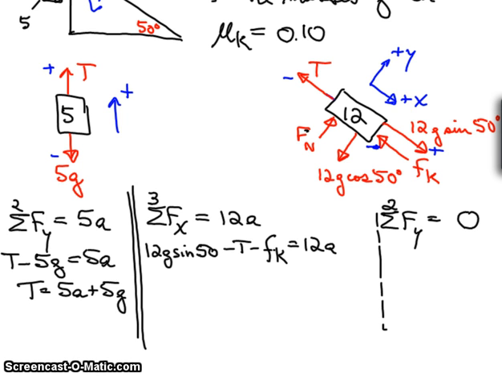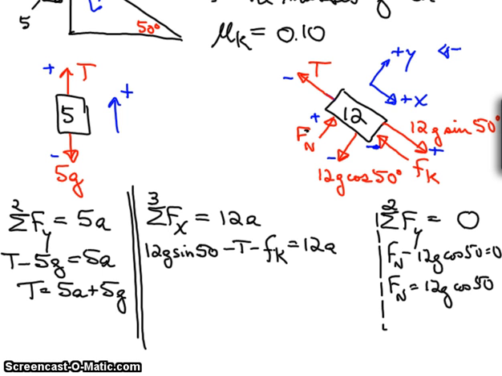Well, we see that this one is going to be positive, and this one will be negative according to our coordinate system. And so I get F sub n minus 12G cosine 50, and that's all going to equal 0. So my normal force is going to equal 12G cosine 50.